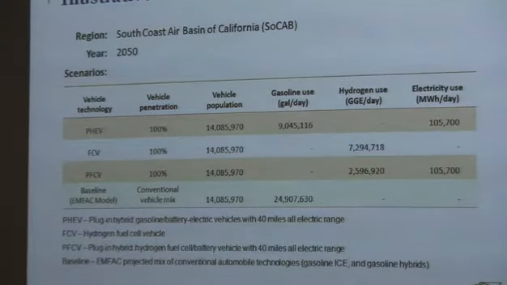We are going to focus in today's talk mostly on this case. We are going to assume in our study scenario that we have 100% vehicle penetration. That means all the cars in the South Coast Air Basin by 2050 in our hypothetical study are fuel cells. And we're going to ask, what does that mean?